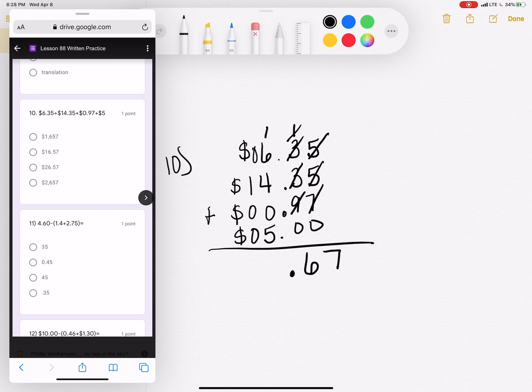Decimal. 6 and 4 is 10, 1 is 11, 5 more is 16 again. 1 and 1 is 2, dollar sign, $26.67. I messed up. $26.67. Let me look in the book.